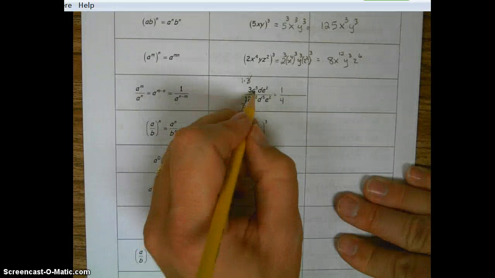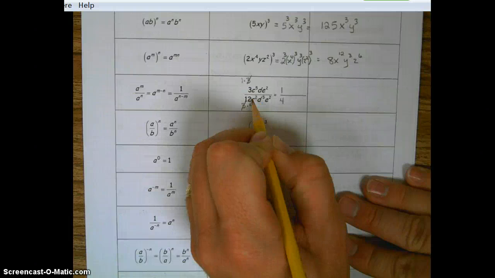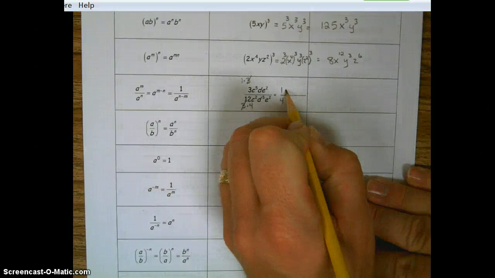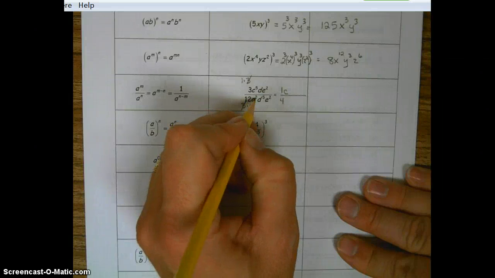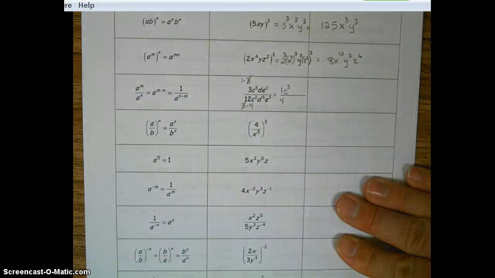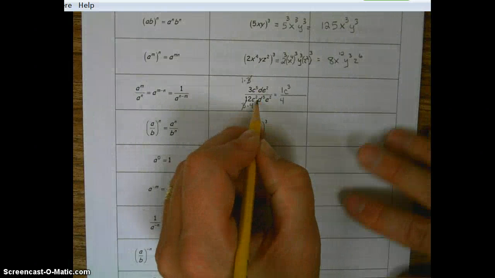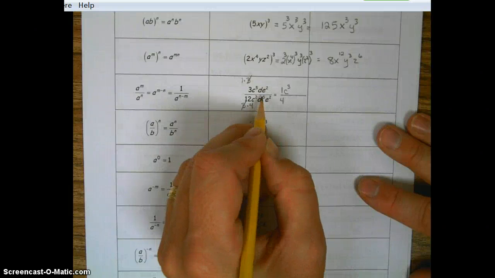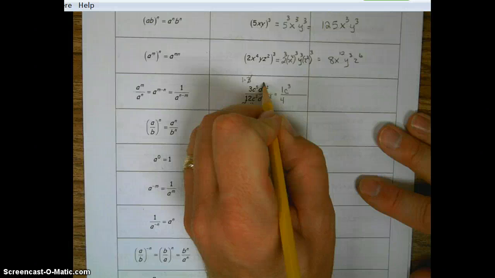Next, our like base is C. So I'm going to put the C in the numerator, and we're subtracting, so 5 minus 2 is 3. Now D. Notice the denominator is 5, the exponent, and the numerator is 1.